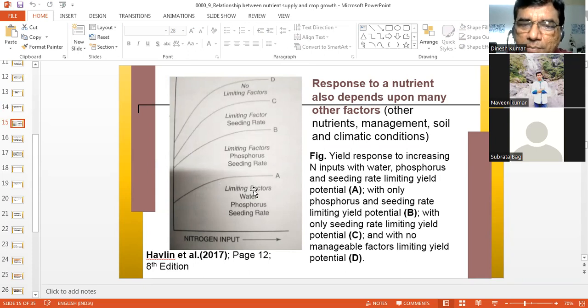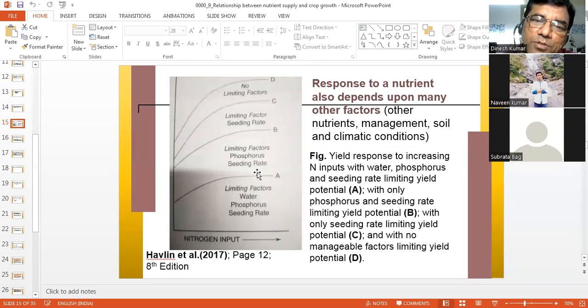When these 3 factors were limiting, you were getting the yield up to the level of A. This much of growth was there. But if you overcome just one of the limiting factors, say water, you applied the water, then nitrogen use improved. Then only 2 factors remained limiting.